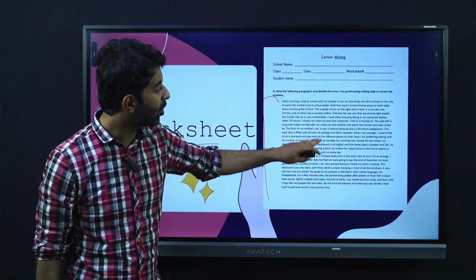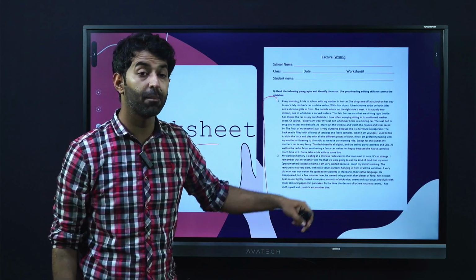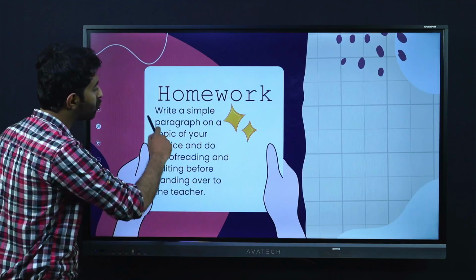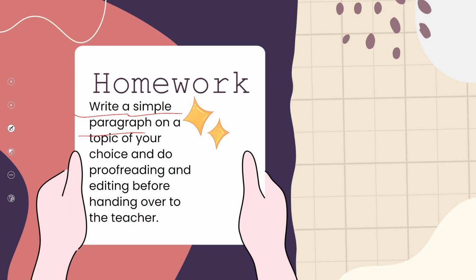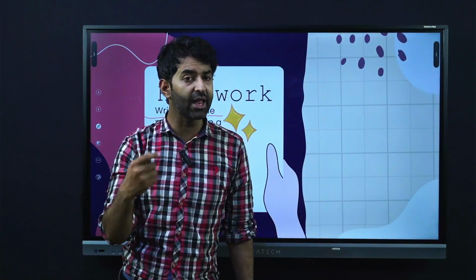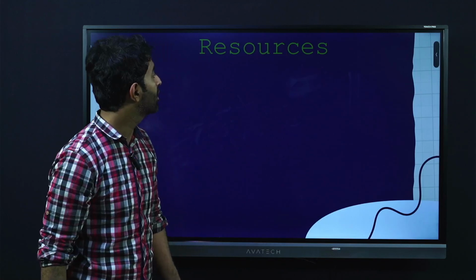I hope that you can already see some errors in the lines. There are many of them. You need to correct them. And for your homework, you have to write a simple paragraph on a topic of your choice and do proofreading and then editing before handing it over to the teacher. So you will apply all these strategies and then you can submit it to your teachers.